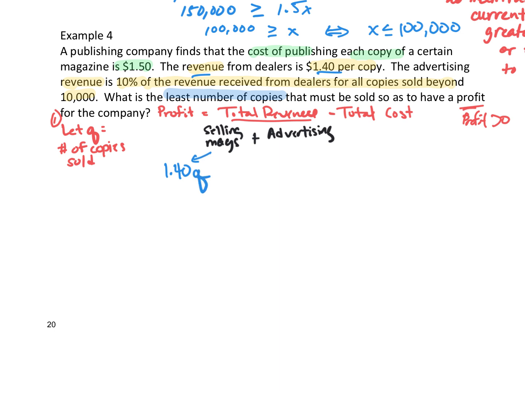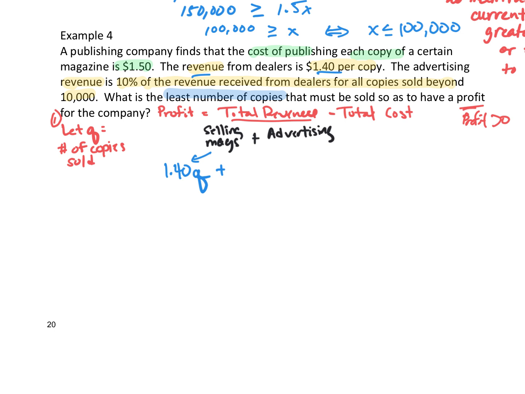Now, the advertising is a little different. First of all, they get 10% of the revenue received from dealers for all copies. So whatever you sell beyond 10,000, you're going to get 10% of that. So that's the 10%.